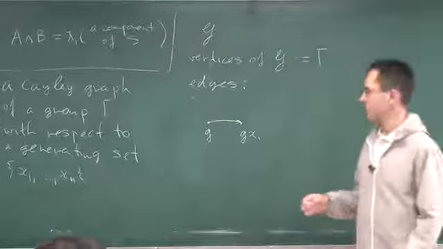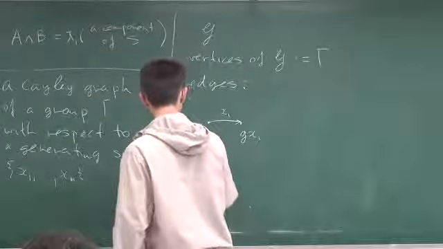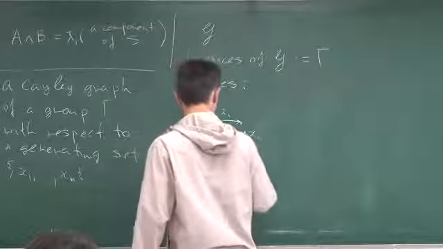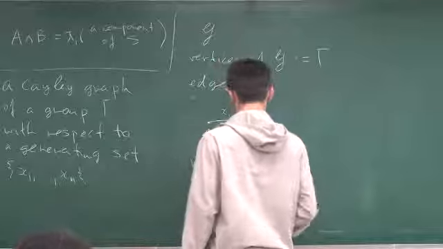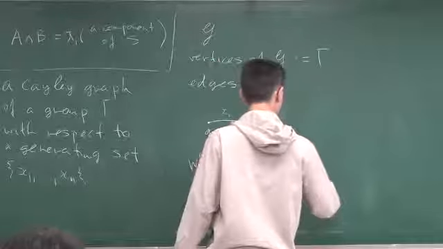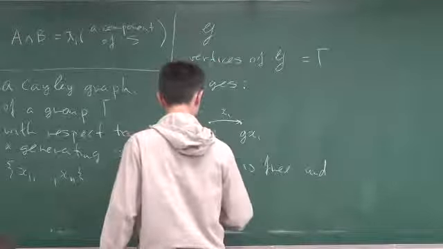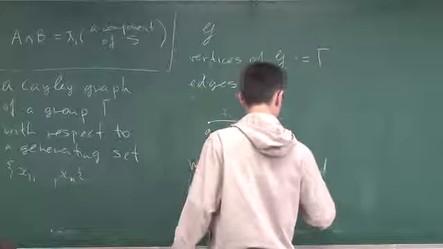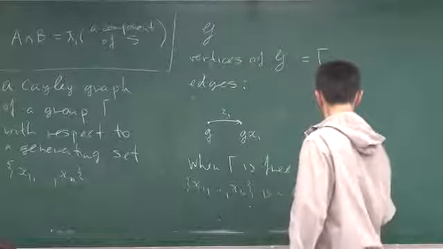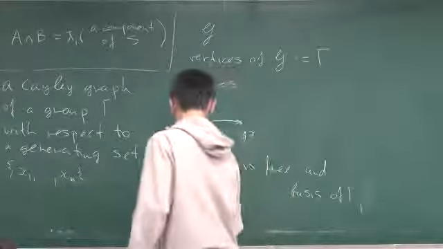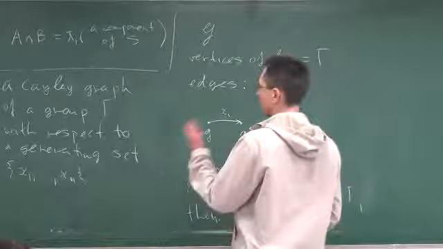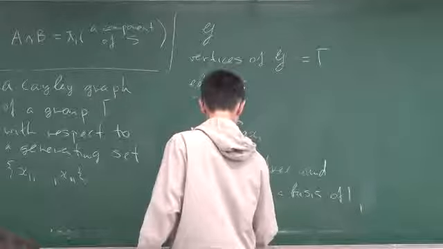But now, in particular, when gamma is free, and x1, ..., xn is a basis of gamma, then the corresponding Cayley graph is a tree.